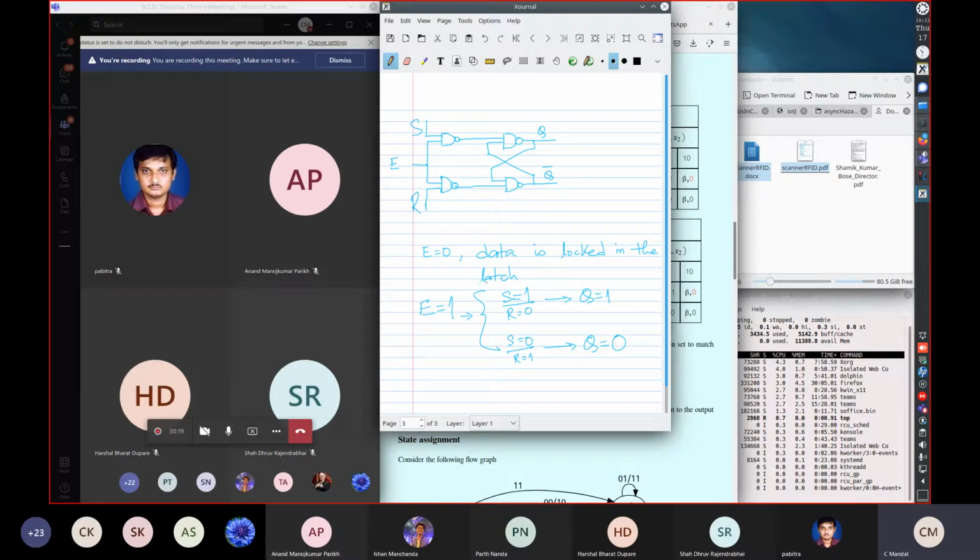Now, of course, as you have noticed, normally, if you leave a terminal floating, it takes the logic value 1. So if you have to keep this as 0, what is the default?